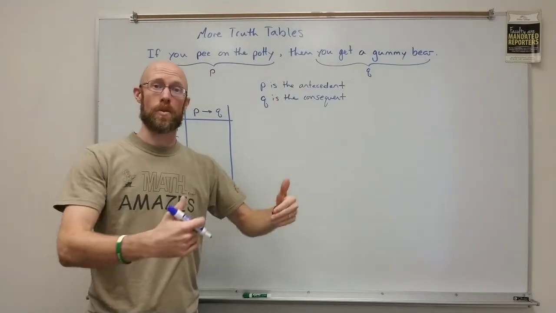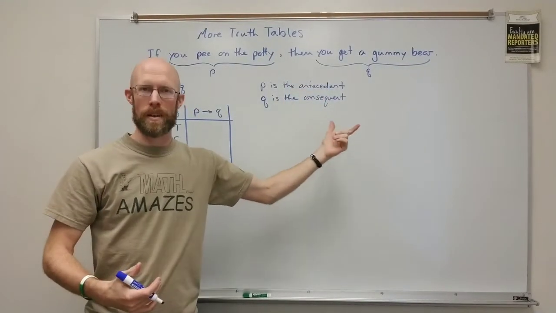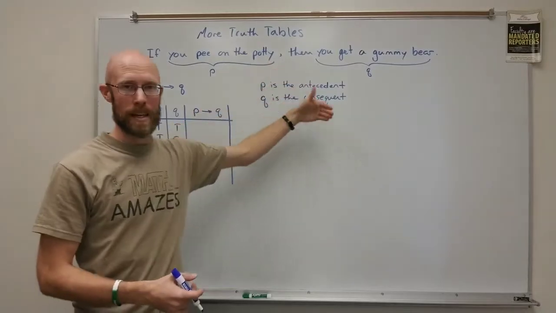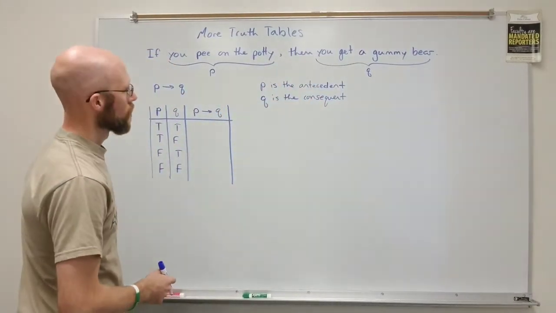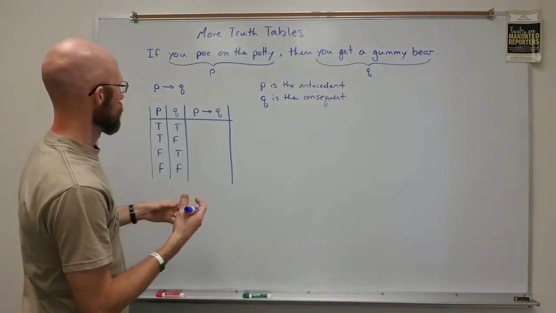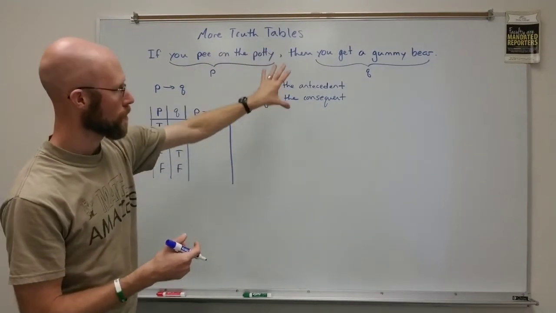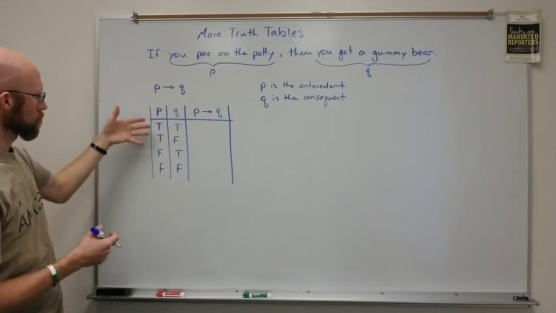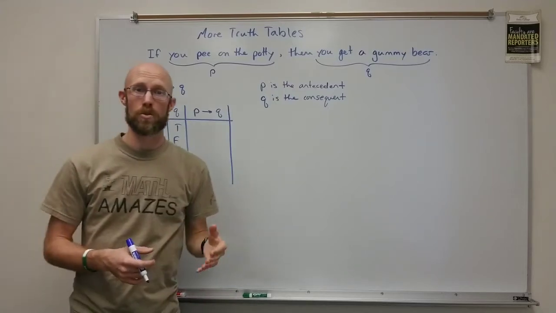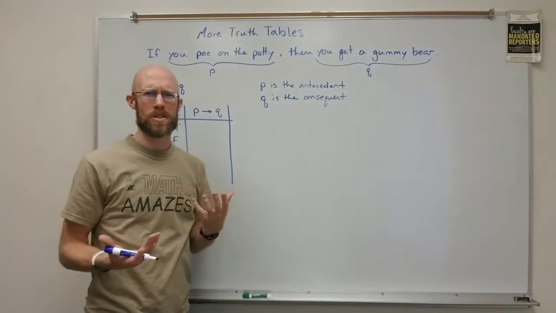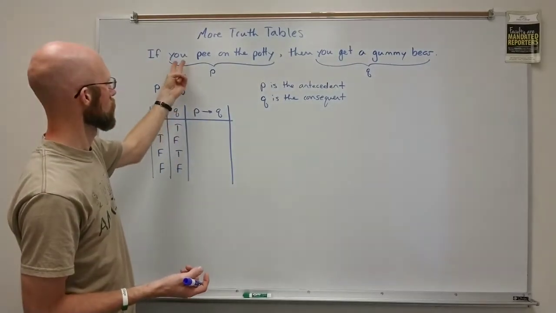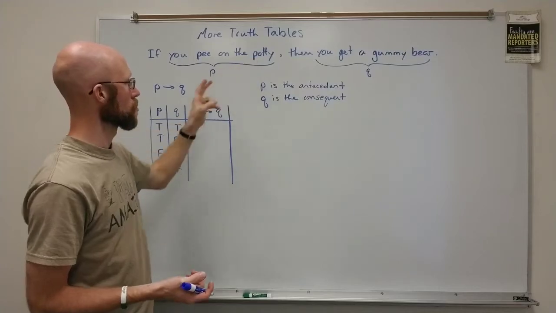Consequent is just a consequence. So we have the antecedent and the consequent of the sentence. The truth of the statement really depends upon whether or not the antecedent and consequent are true, but the statement itself really only makes much sense if the antecedent is true.